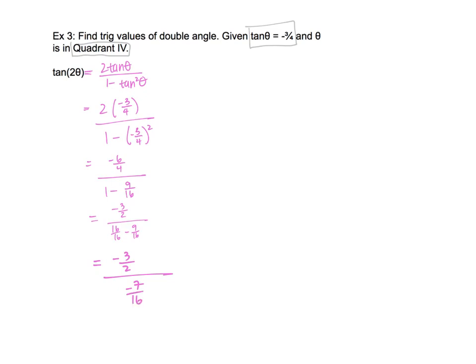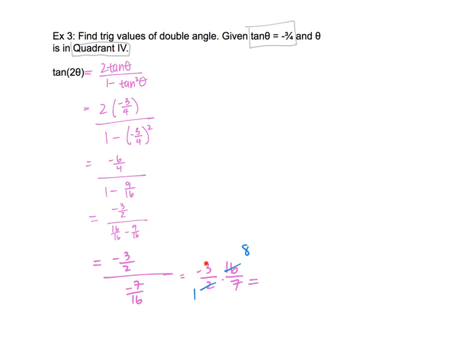And so from here, I'm going to multiply by the reciprocal. So I would flip this fraction here, hold the 3/2 still, flip the 16/7. If I multiply straight across, 16 can be reduced to 8 and 1, because 2 goes into 16 8 times, 2 goes into 2 1 time.